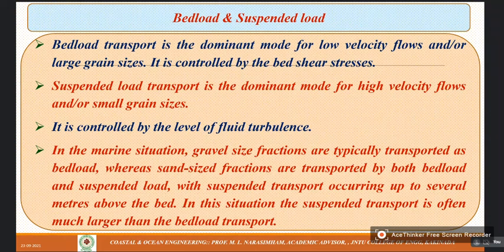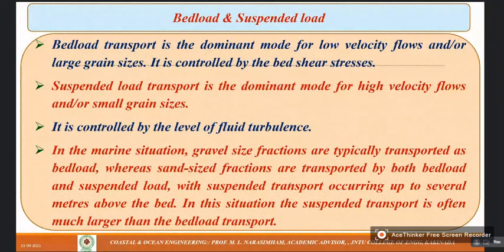Whereas if the grain size is finer, then the tendency of it to be lifted by buoyancy and the current forces is more. So the finer particles will be in suspension and the larger heavy particles will be near the bed. So they will be moving either as a sheet flow or rolling along the bed.